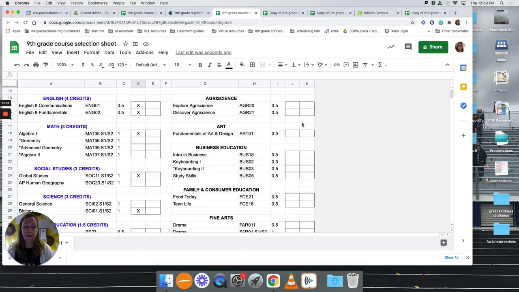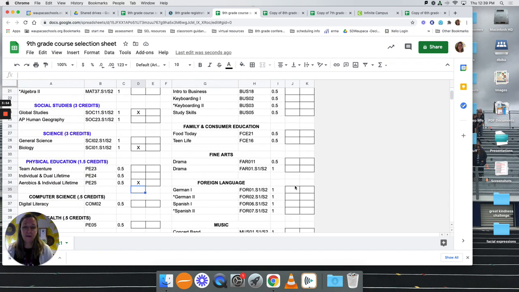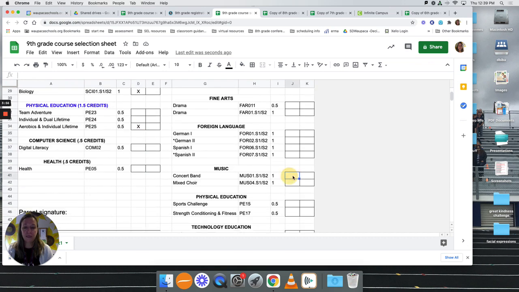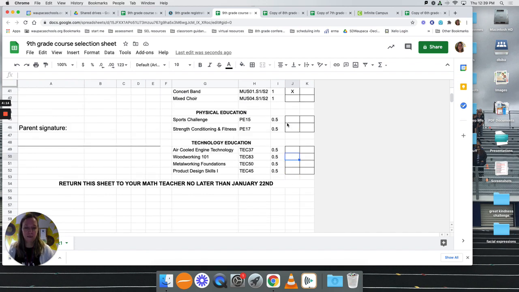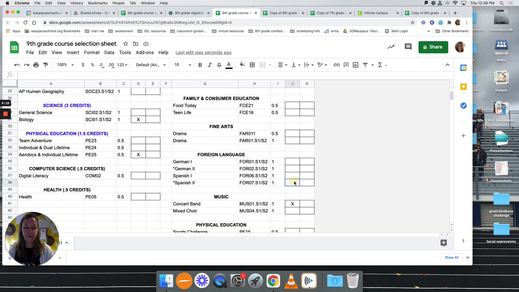Right? So let's say that I want to be in band because Mr. Biba would be mad at me if I didn't choose band. I'm at 5.5. And let's say that I want to take Spanish, and I was in Spanish in 8th grade already, so I'm in Spanish 2.